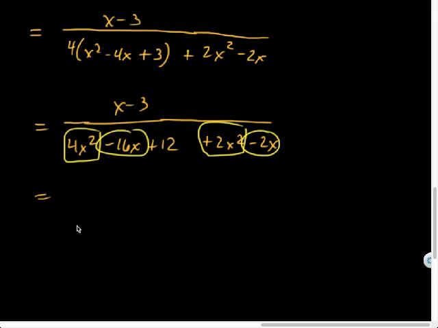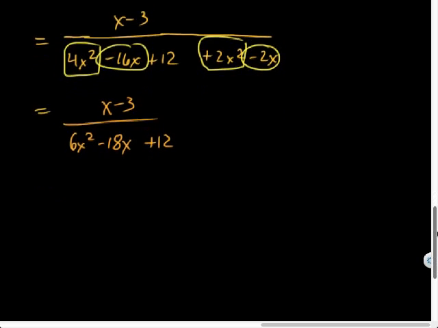And negative 12 will just be hanging out. So let's see, my numerator, I'll have x minus 3 still. My denominator, I'll have 6x squared. Negative 16x and negative 2x is negative 18x. And plus 12. Oh, I can factor something out of that. Now that I've got it combined.